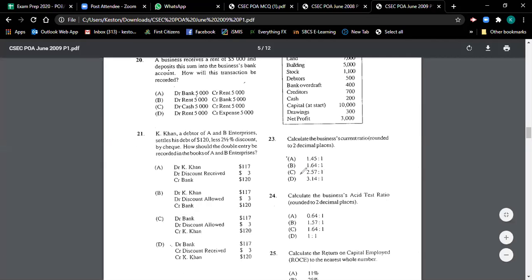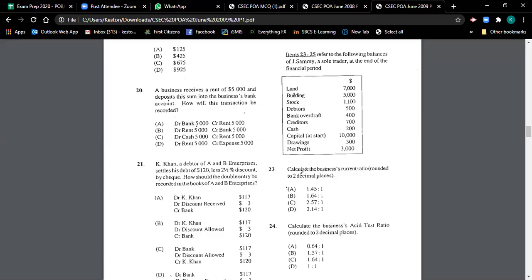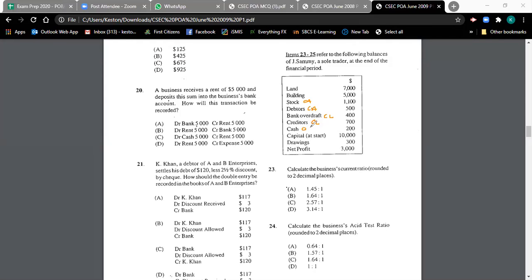Calculate the business's current ratio. Current ratio. Current assets over current liabilities. What are we getting? So current asset, current asset, current liability, current liability, current asset. 1, 2, 3, 16, that's 1800.